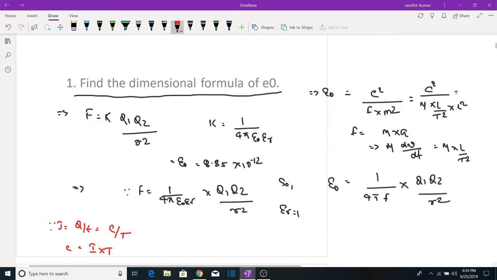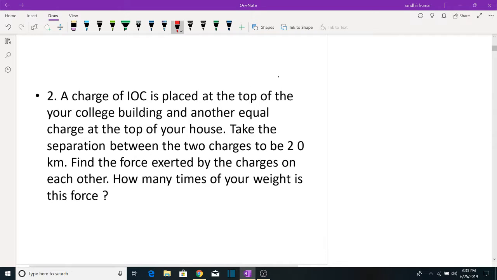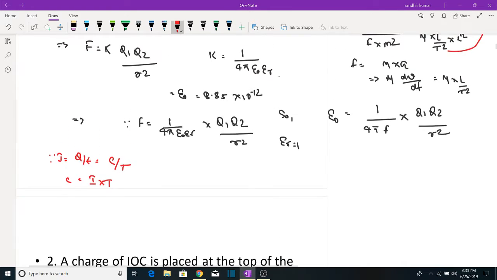So put the value of I into time, and t to the power square, so that t to the power 4 and L to the power minus 3.